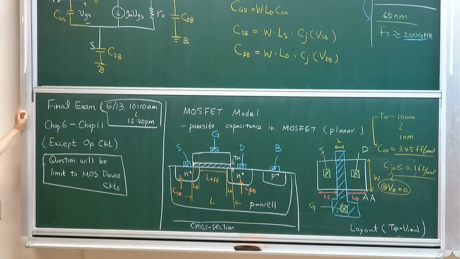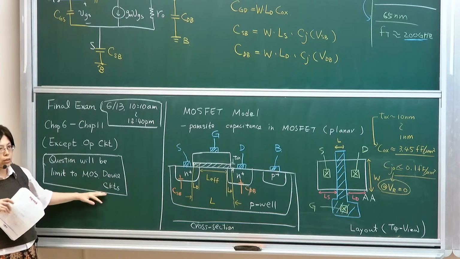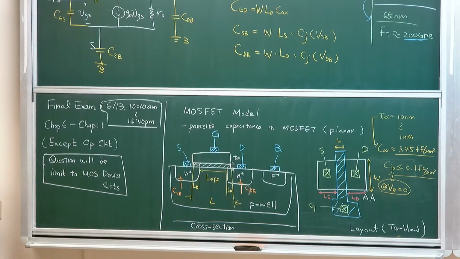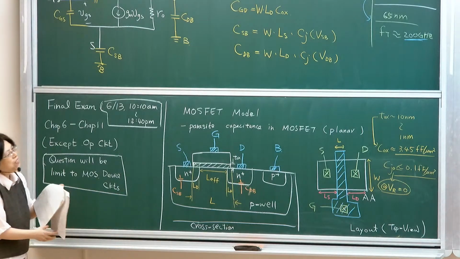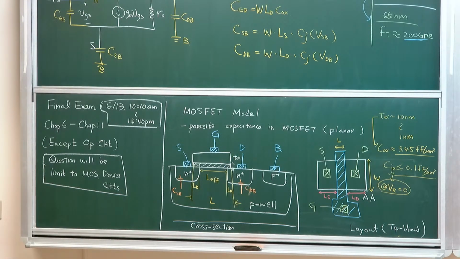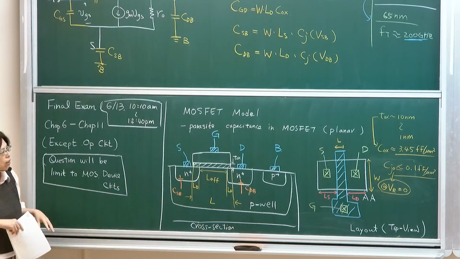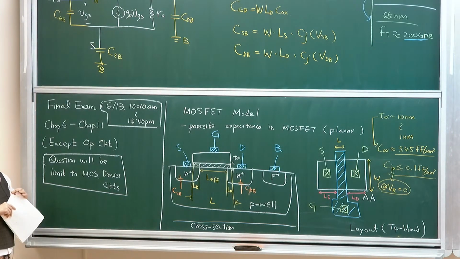There is only 1 simulation question, just to get you familiar with simulation of high frequency response. The final exam will cover chapters 6 to 11, except the op amp circuit chapter, which is chapter 9, I believe. After aligning with Professor Huang, our questions will be limited to MOSFET devices and circuits. So you can skip the bipolar if you really hate it. As a reference, it's good to know what actually happens in bipolar circuits. Okay? Any questions or feedback on that?